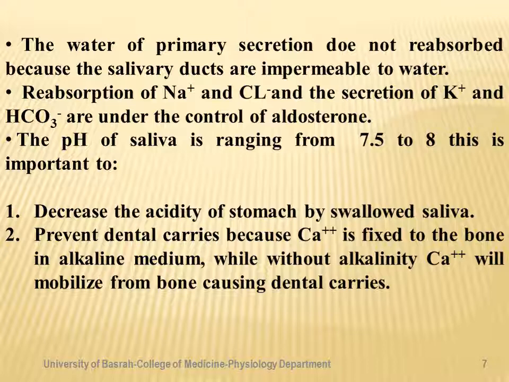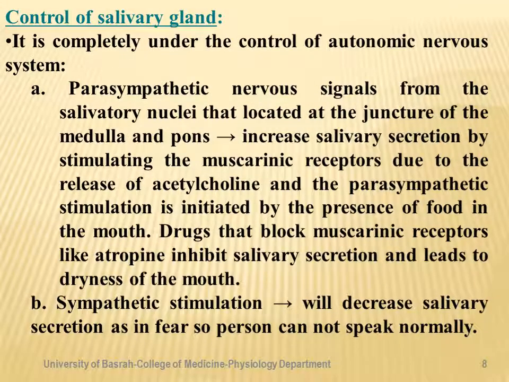So saliva is normally an alkaline medium in order to fix the calcium to the bone. Without an alkaline medium, calcium will mobilize from the bone and may cause dental caries. This is the wisdom of God, that the pH of saliva is normally alkaline, which is very important to reduce the acidity of the stomach and to prevent dental caries, and there are other purposes that we will discuss later, God willing.